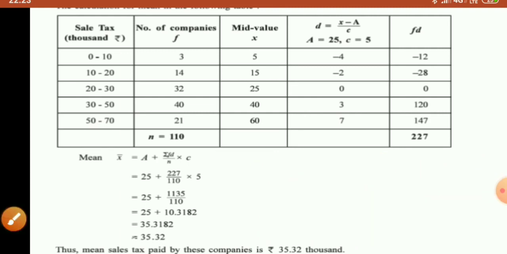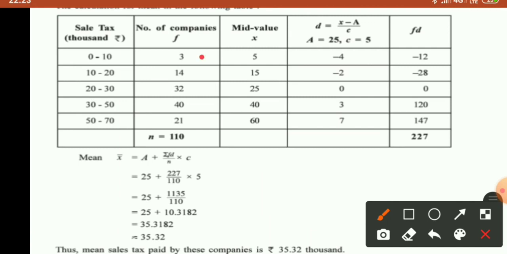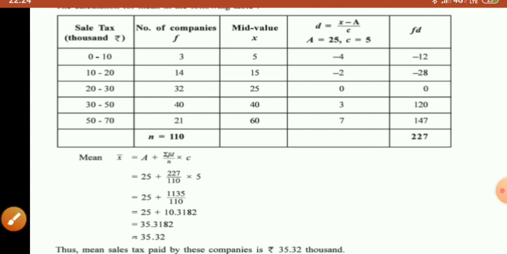Then fi into di. 3 into minus 4 is minus 12. Then 14 into minus 2 is minus 28. 32 into 0 is 0. 40 into 3 is 120. And 21 into 7 is 147. If I do the total, I'll get 227.